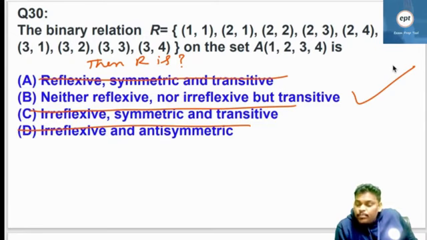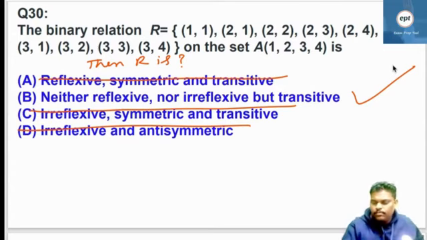See, this is the example: one relation which is not reflexive and not irreflexive either. Neither reflexive nor irreflexive. This is the example.